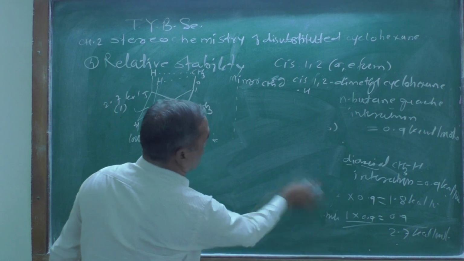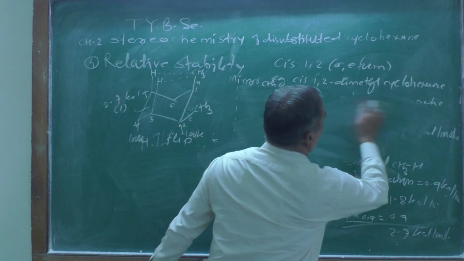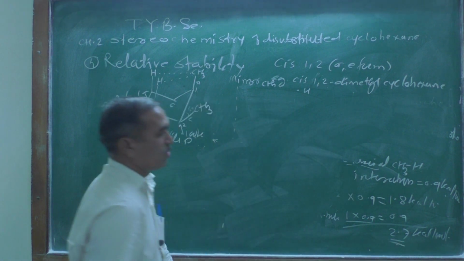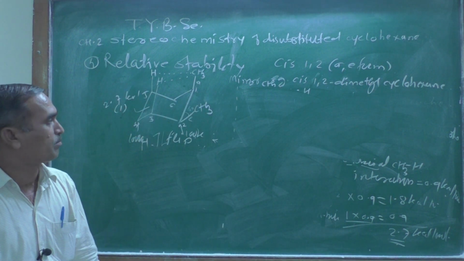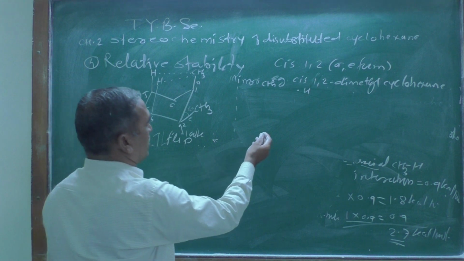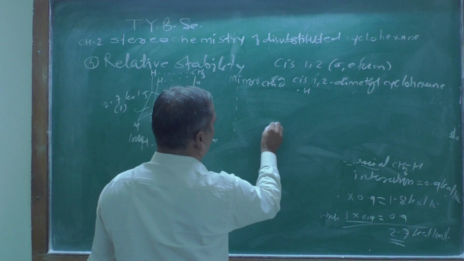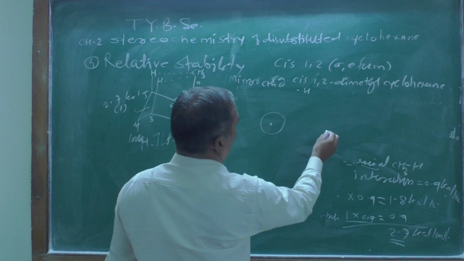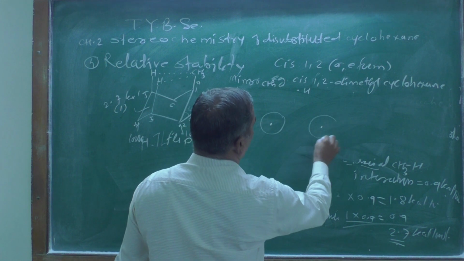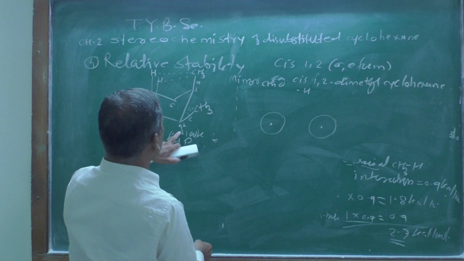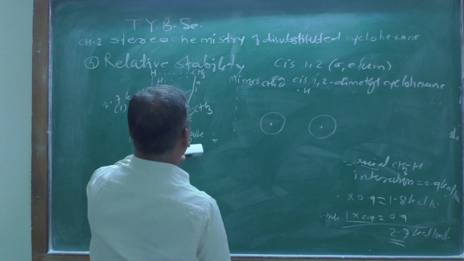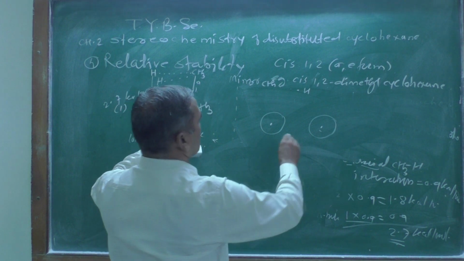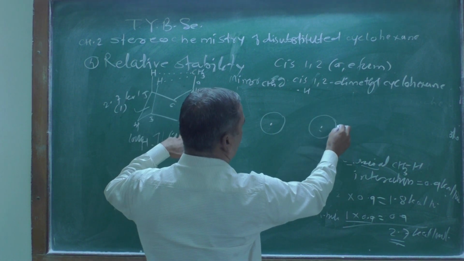Now I am trying to calculate how this 2.7 kilocalorie per mole arises. Now look at here, this is one dot here and it has one circle. You can put one dot here and a circle. Remember, this you can call carbon number 2, and this circle is nothing but carbon number 1.